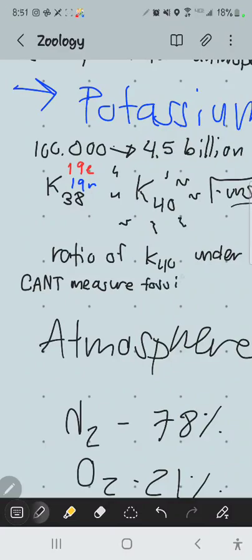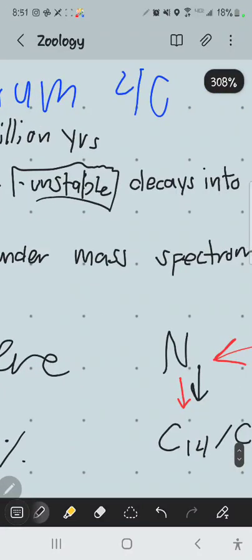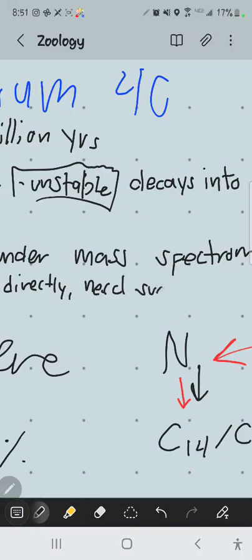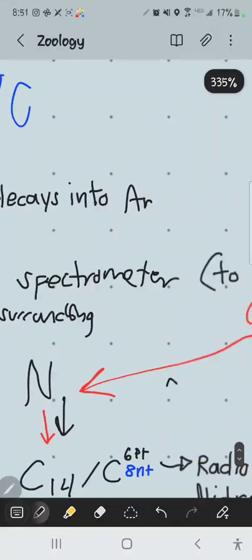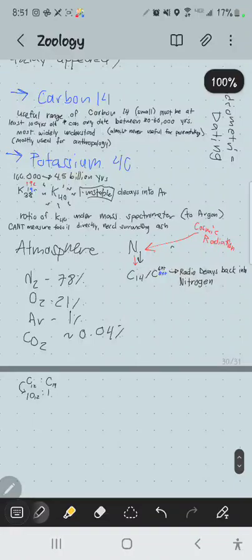You don't know the exact age, but you know it's between brackets of age. The potassium-argon method is what was used to establish and develop the geologic timescale dates over the last, say, 75 years.